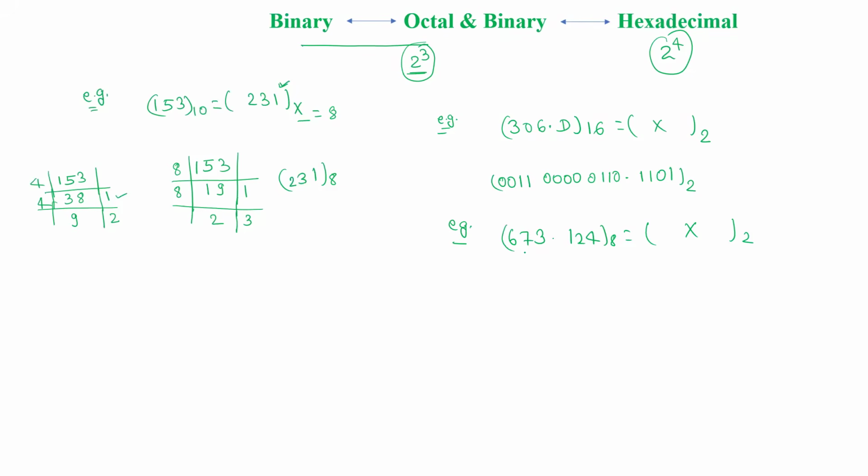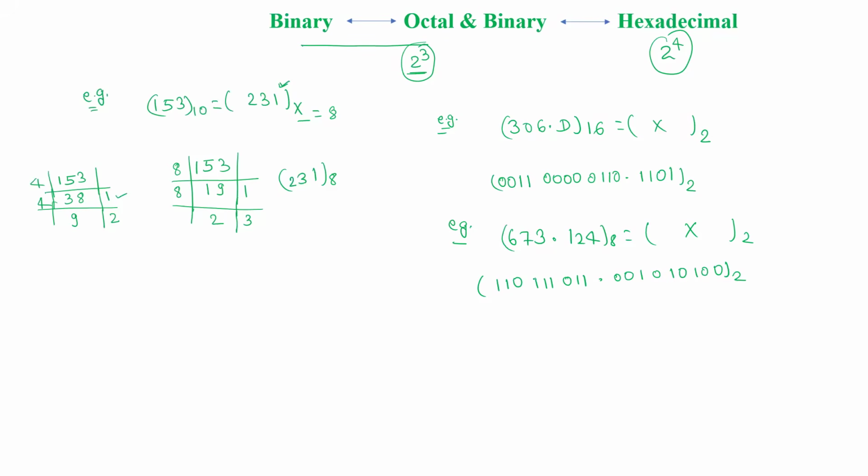Here each octal digit will be written with 3 bits. 6 is 110, 7 is 111, 3 is 011, 1 is 001 with 3 bits, 2 is 010, and 4 is 100. This is the binary equivalent of the given octal number.